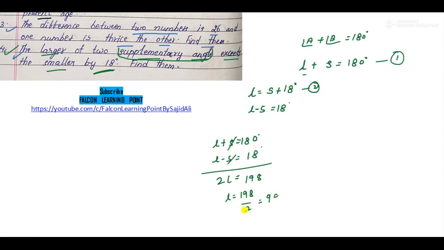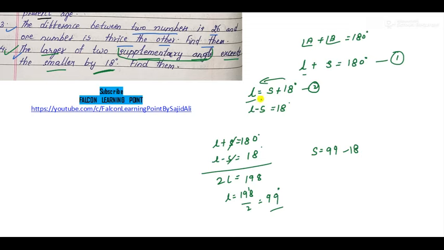So you will get 99 degrees. What will be the other? L is 99, so S will be 99 minus 18, correct? If you transfer to this side.